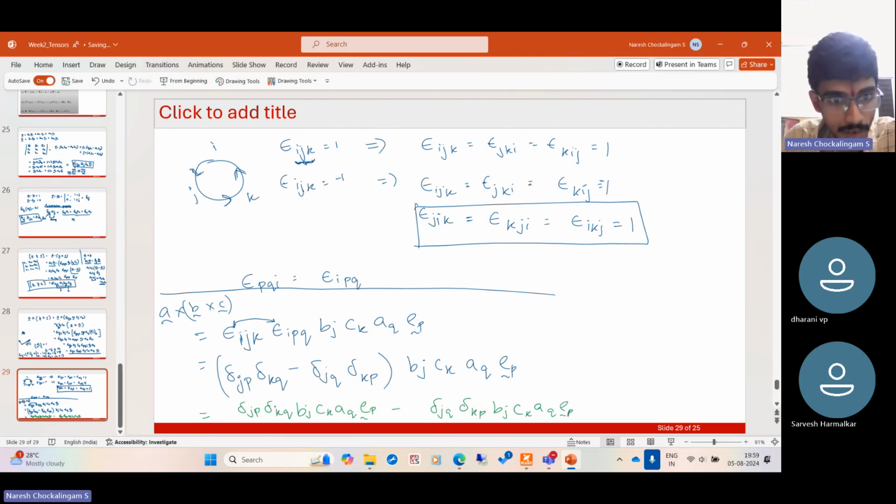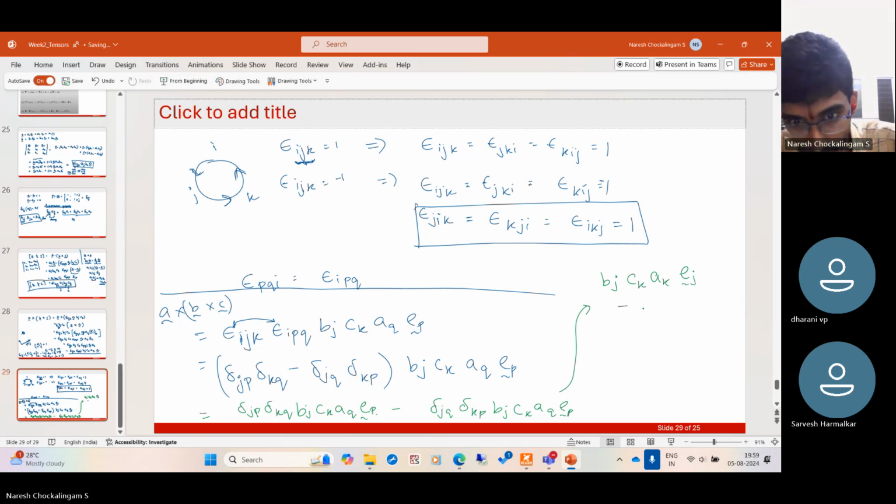Use the substitution property of the Kronecker delta. Here delta will replace the p with j and it will replace the q with k. So what do we get? Let me write it here, otherwise it's difficult to see. p will be replaced by j, so we get b_j, c_k, and q will be replaced by k, so a_k, and p will be replaced with j, e_j.